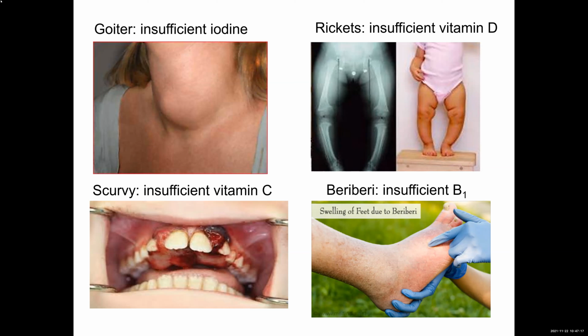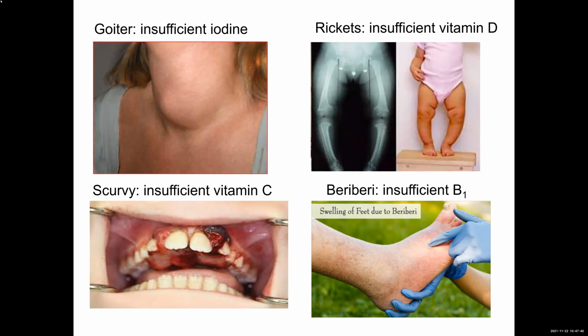If you only use those fancy sea salts, you may be at risk of getting insufficient iodine, right? And this can be a problem in developing countries where people are using local sources of salt, or they don't eat a lot of seafood, which is also where we can get iodine.